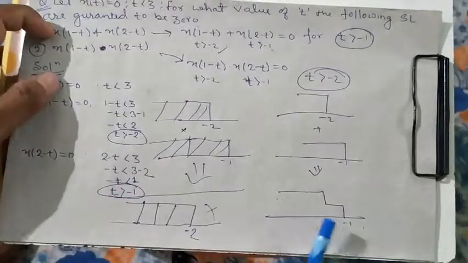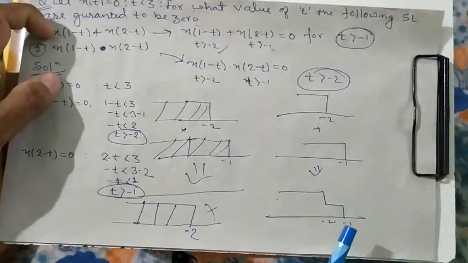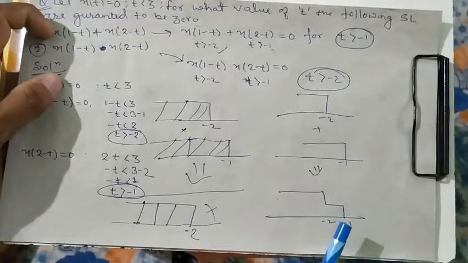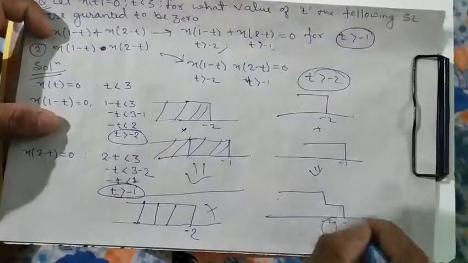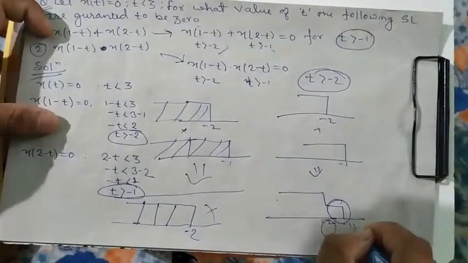So if we take minus 1, if we take here minus 2, then of course this will not be 0, so we have to take minus 1.